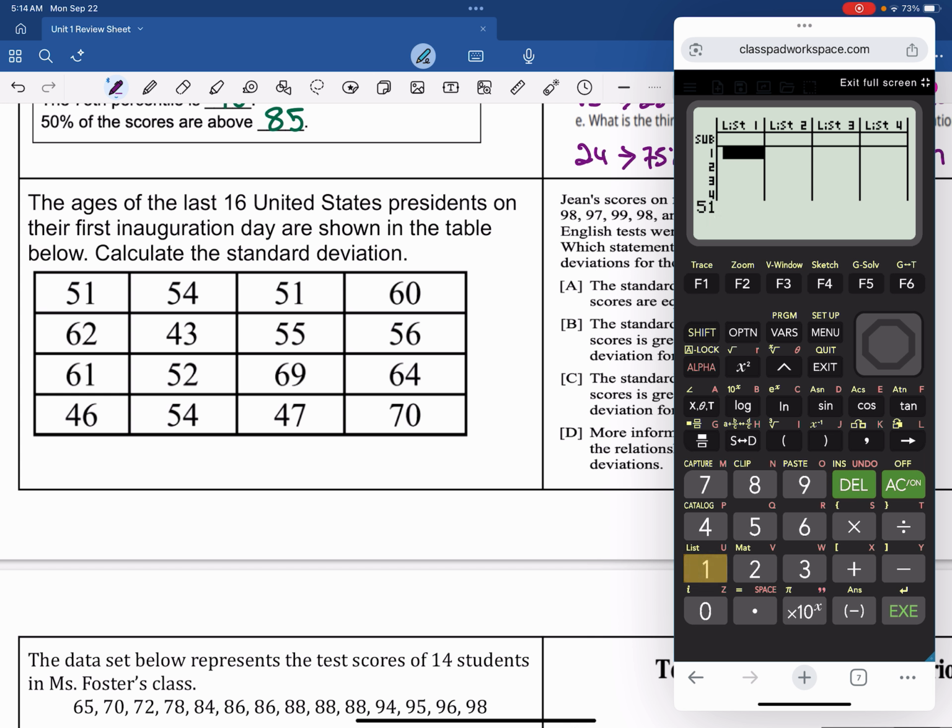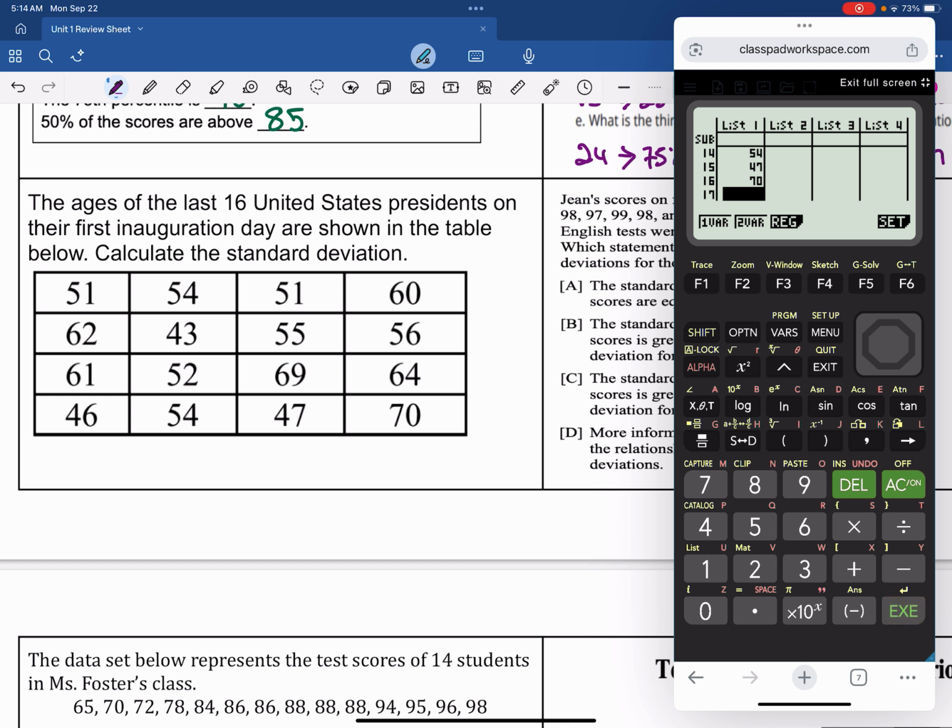So we have 51, 54, 51, 60. I'm just going across. 62, 43, 55, 56, 61, 52, 69, 64, and then the last row, 46, 54, 47, and 70.